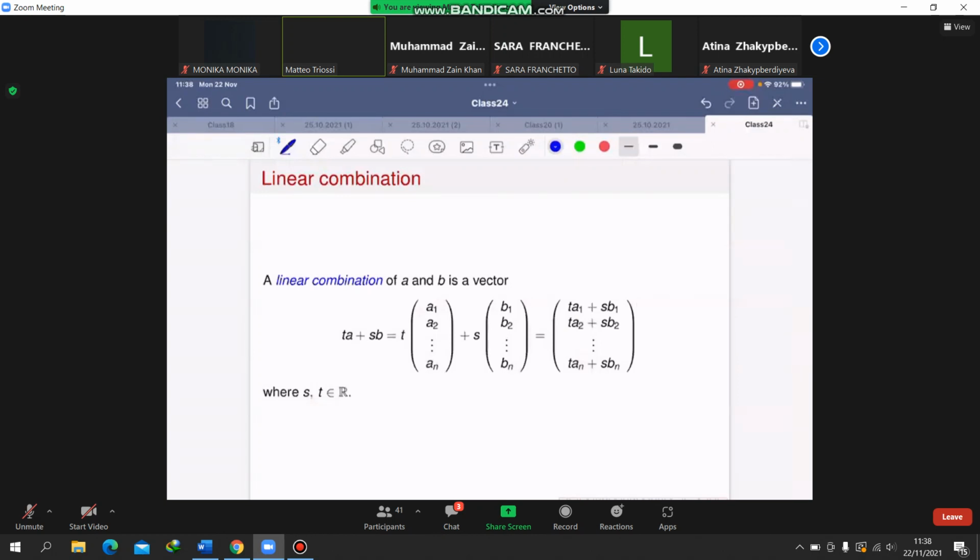Reflections of the two given vectors. And actually, the set of all linear combinations, I'm going a few slides ahead, but we will see that the set of all possible linear combinations of two given vectors is what is called a linear space, or a linear subspace, in this case of Rn.